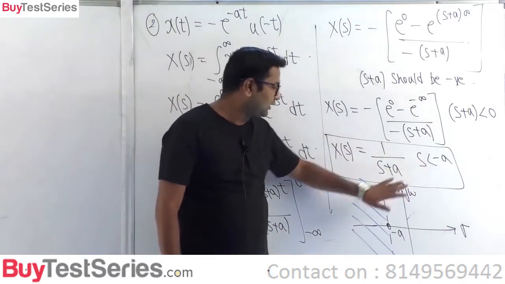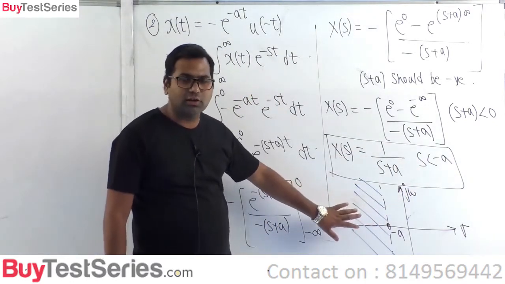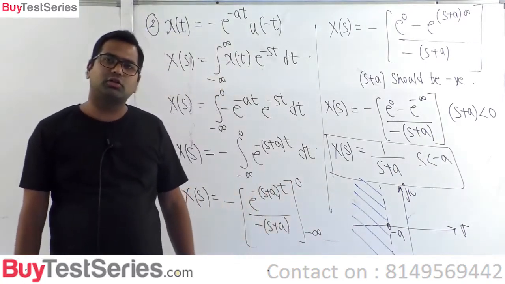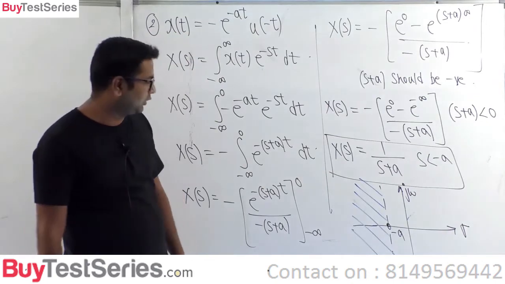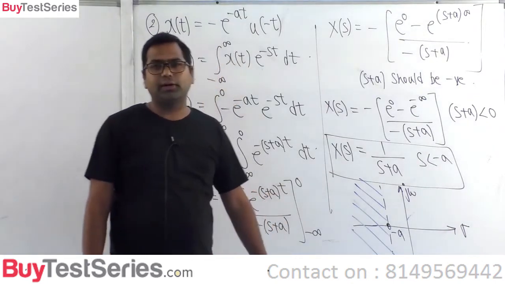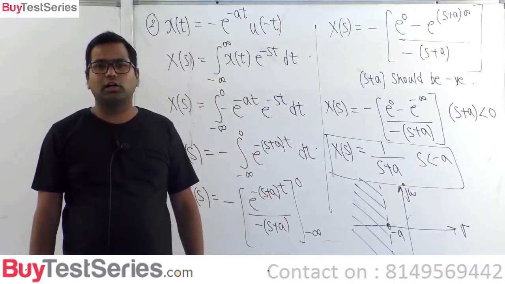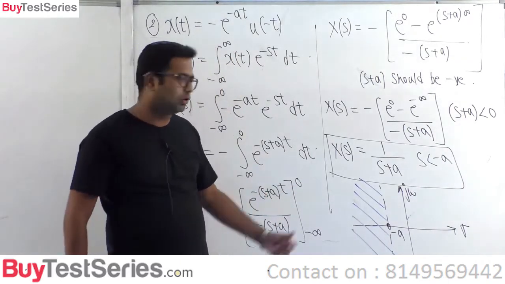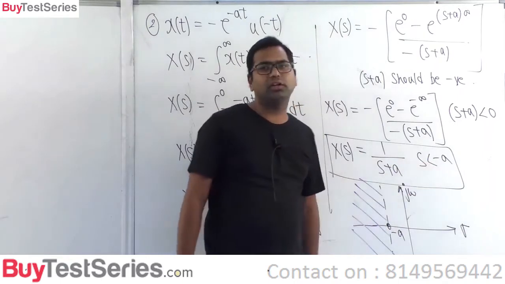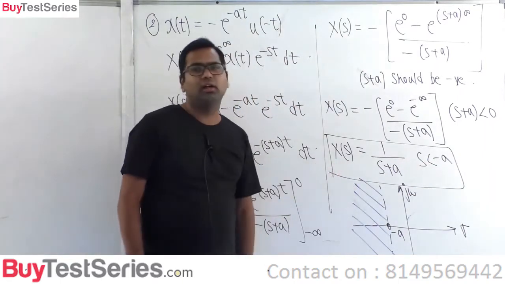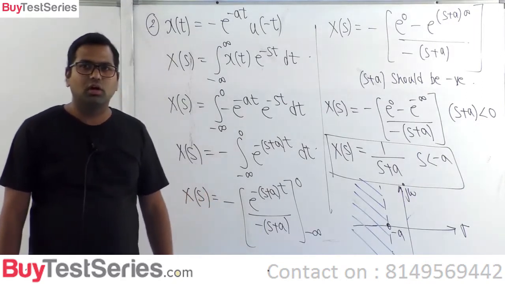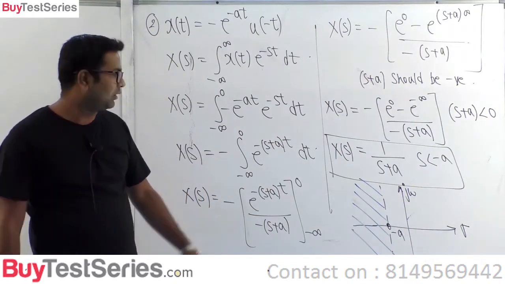The values of s less than minus a are shown in the graph by the shaded region. This shaded region is called the region of convergence or the ROC. Thus, how do we define the region of convergence or ROC? The region of convergence or ROC represents those values of s for which Laplace transform exists and is finite. I hope you have understood how to calculate Laplace transform and the ROC.